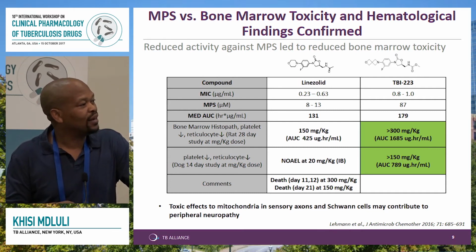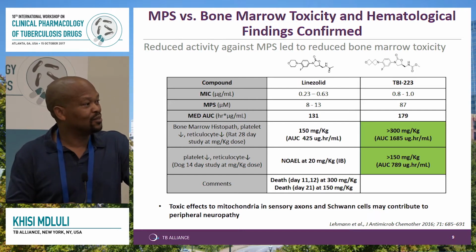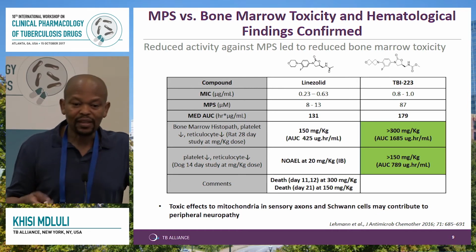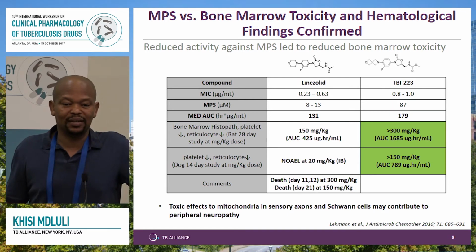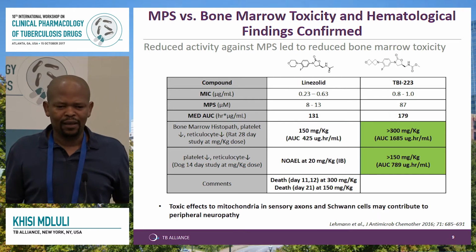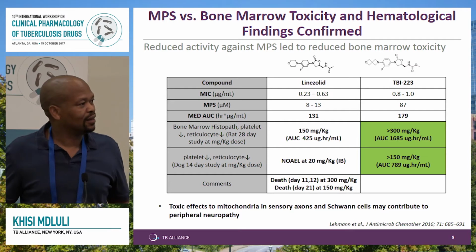And at day 21, animals at 150 mg per kg were dying under linezolid. We saw no deaths and no such issues with our compound, and it was clean up to 300 mg per kg, which was the highest concentration that we used, maybe higher than that, I can't remember.